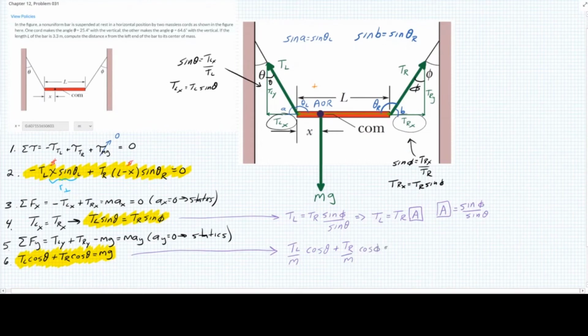Typo alert. I got to erase this. Attention shoppers.